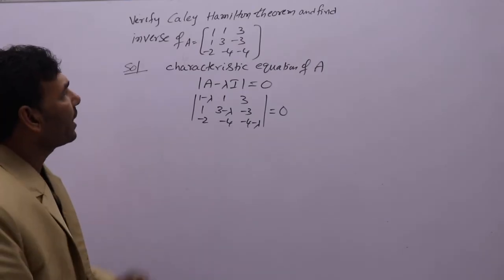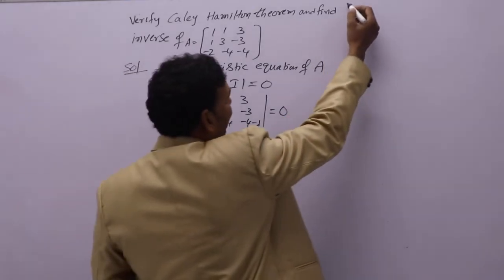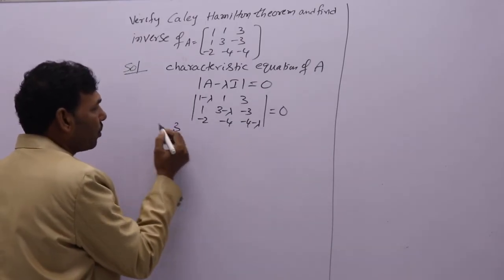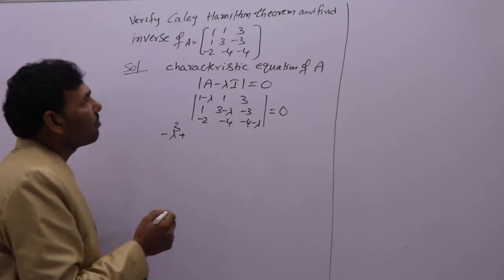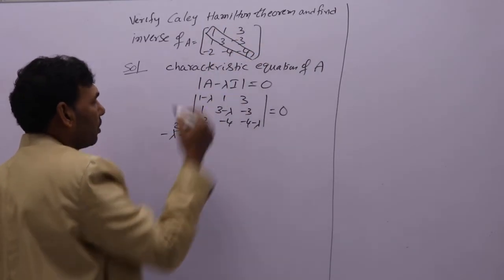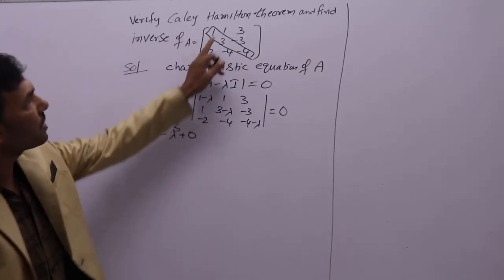Now we need to find the characteristic equation. The technique I said: minus lambda cube plus the sum of diagonal elements. Add these all. What you will get? 1 plus 3, 4.